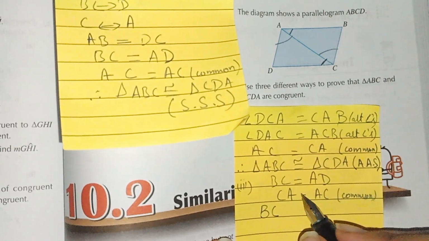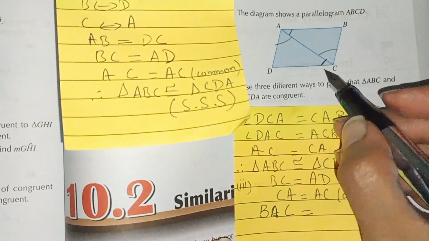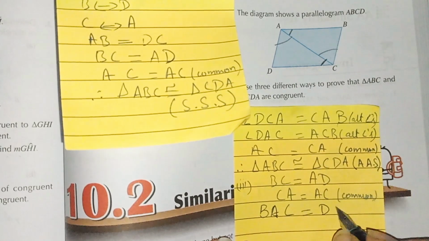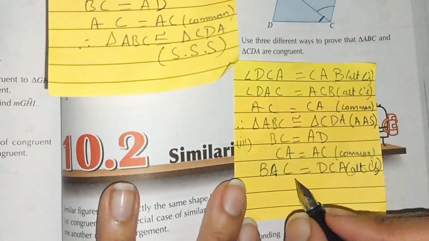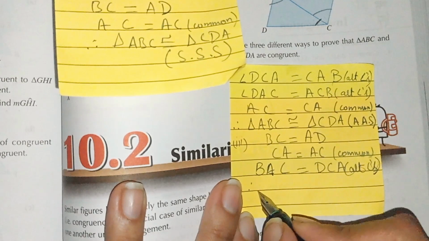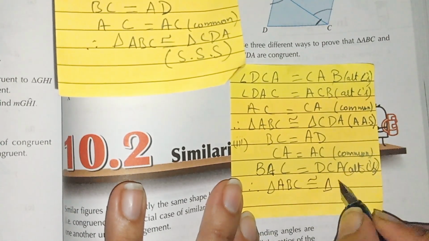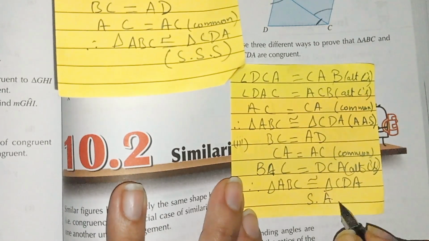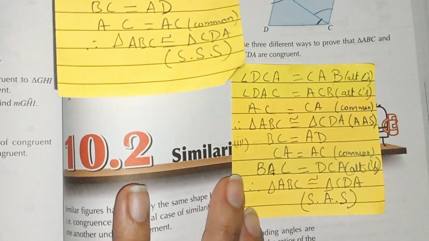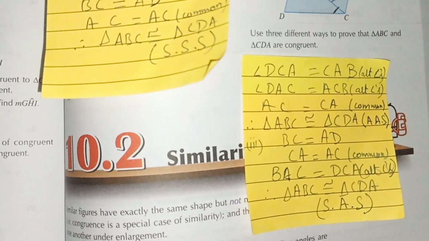And angle BAC, this angle, is equal to angle DCA because these are alternate angles, and hence we prove it. The triangle ABC is congruent to triangle CDA because of the side, angle, side congruency test. And now students, question number 8 is also solved.